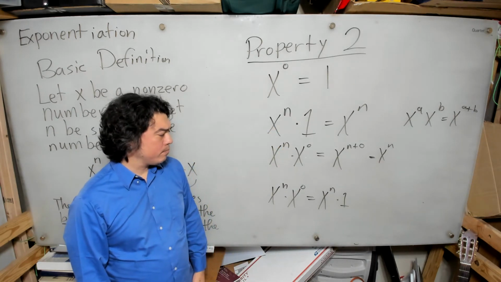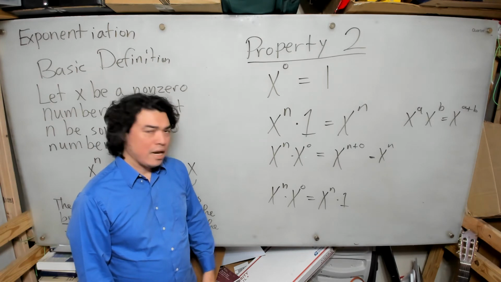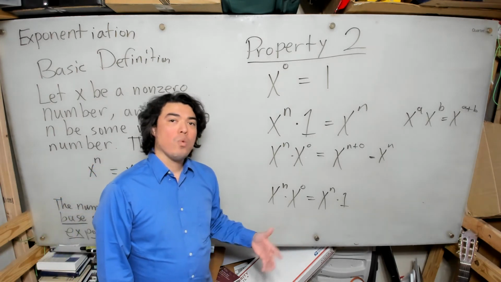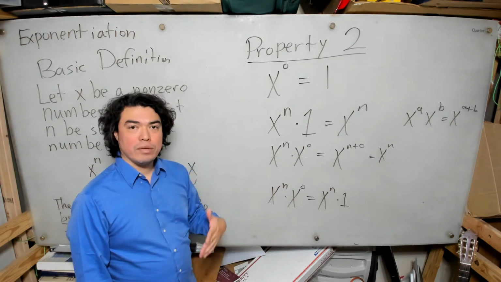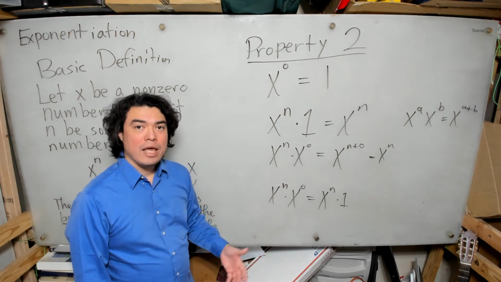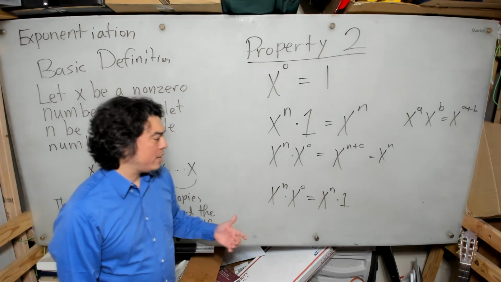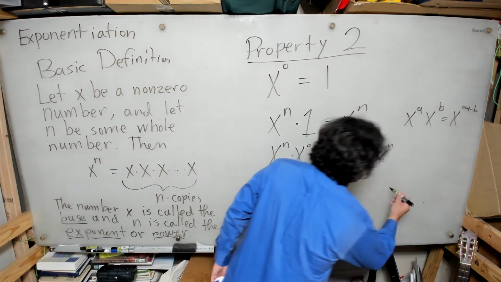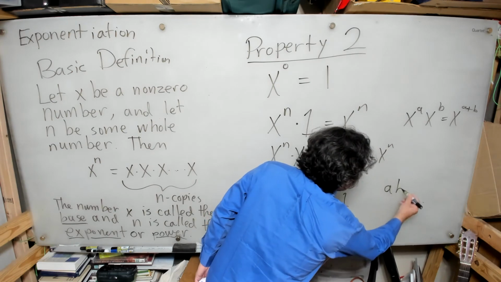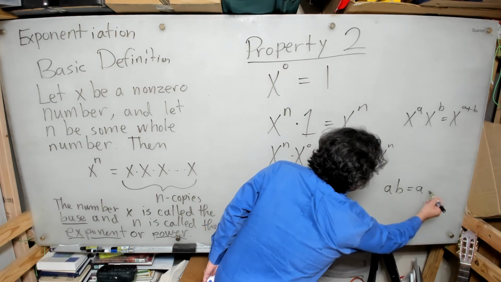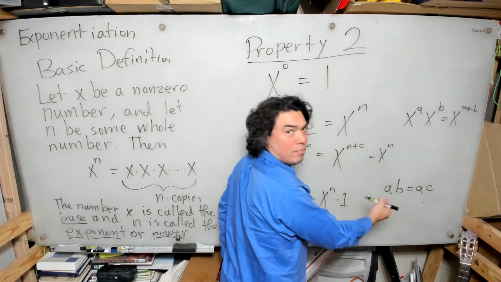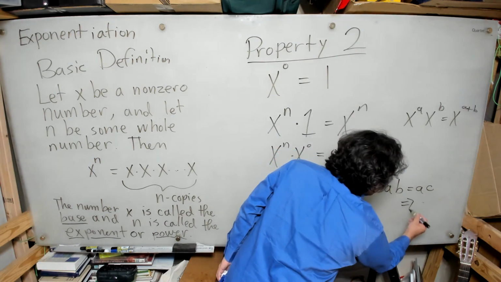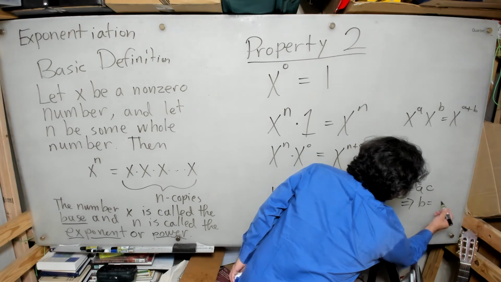And in any case, if we wanted to explain it more carefully, what we would say is that the real numbers have the division property. That if you have a situation where you have a times b equals a times c, and a, b, and c are real numbers, then that implies that b equals c.